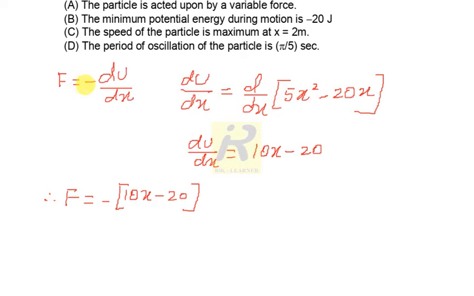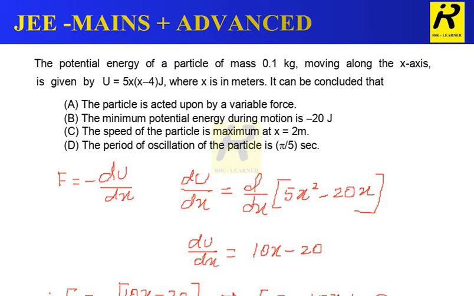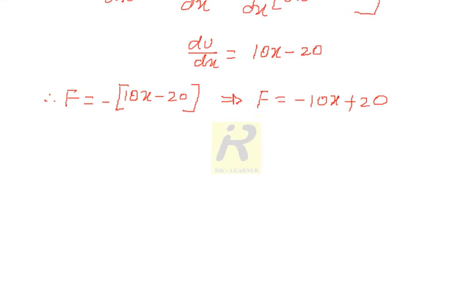Further I can rewrite this as F equals minus 10x plus 20. Now we have every detail: the equation for U is here, and the equation for F is here.